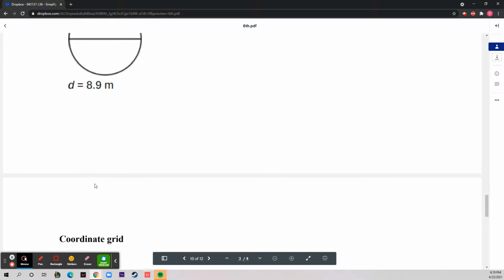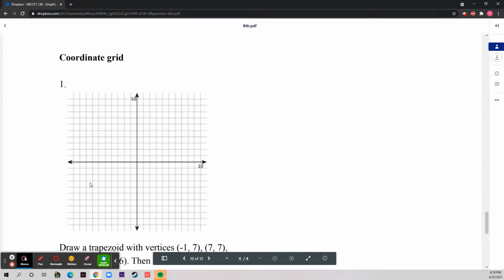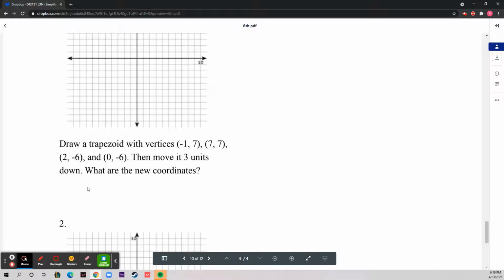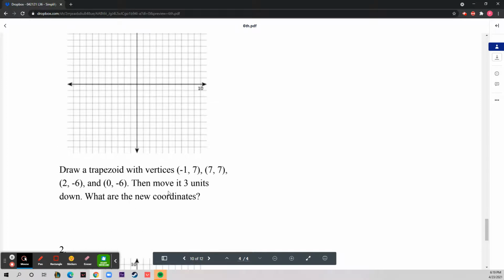Okay, on to coordinate grid. Draw a trapezoid with vertices negative 1, 7; 7, 7; 2, negative 6; 0, negative 6. Okay, and then move it 3 units down. All right, so when it says move it 3 units down, it's telling you to change the y coordinate, or the y value.